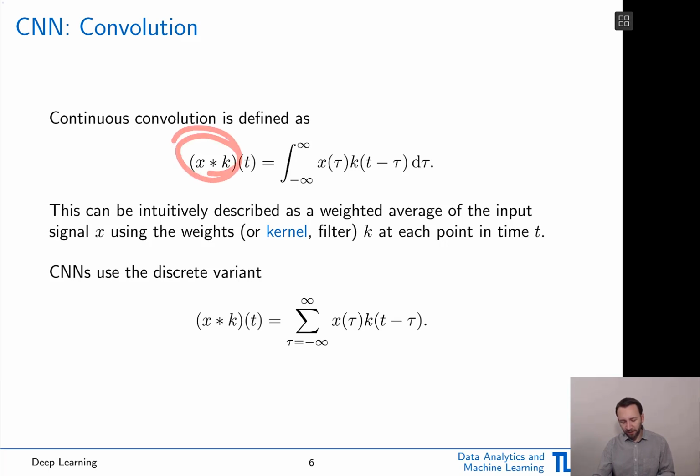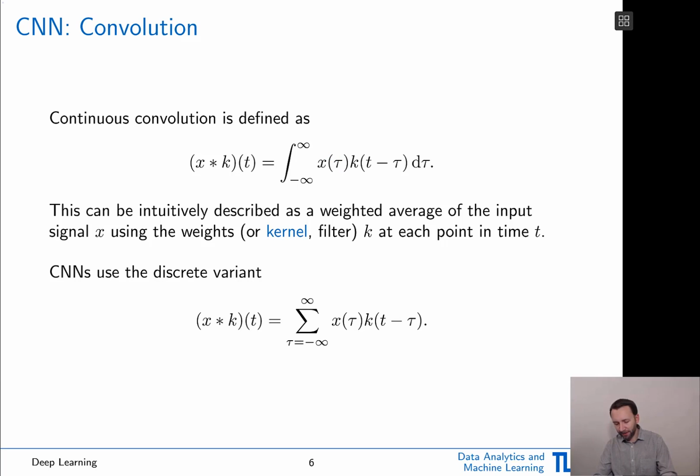If we have the convolution of x and k at a specific time t, it's the integral over the full domain from minus infinity to infinity, where we evaluate our function at t minus tau, and here at tau. Essentially, we have a shift of t minus tau, so we have a sliding window, so to say. We weight this signal at a specific position.